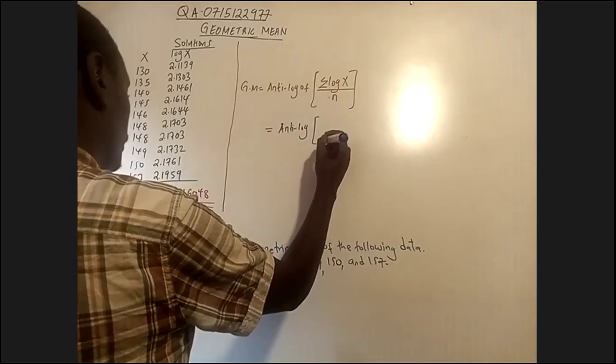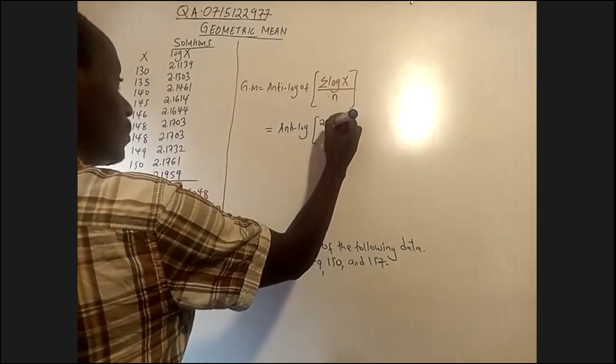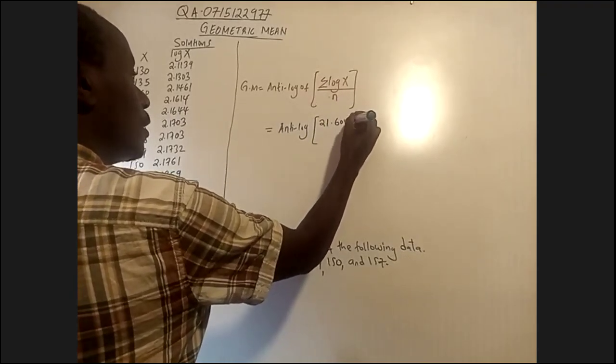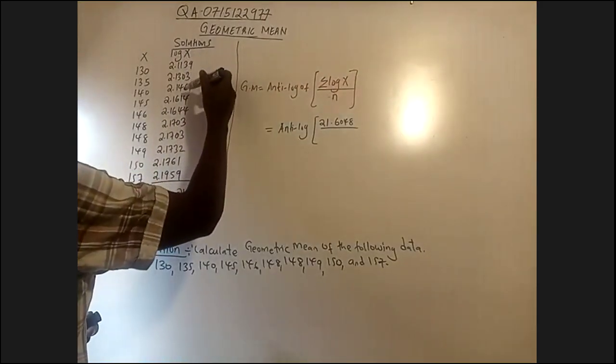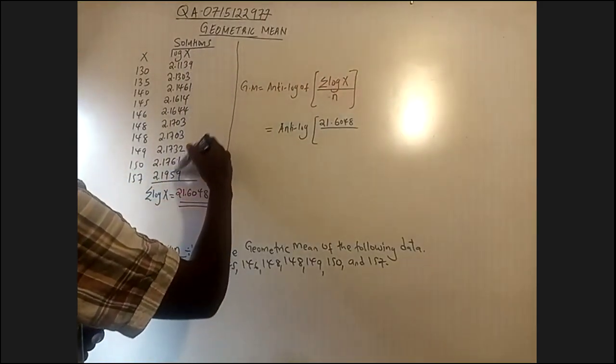So tunachukua 21.6048 divided by the number of figures, ni ngapi? 1, 2, 3, 4, 5, 6, 7, 8, 9, 10.